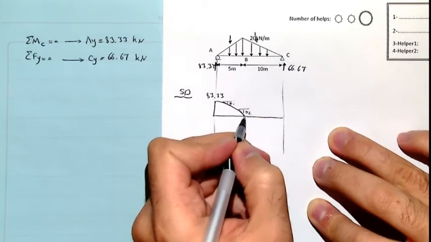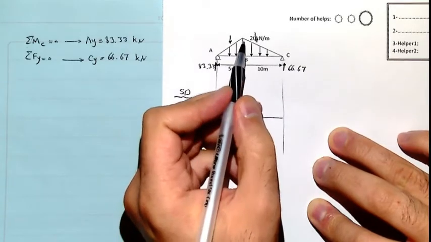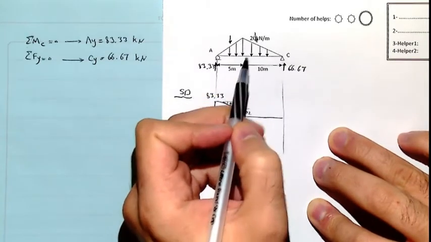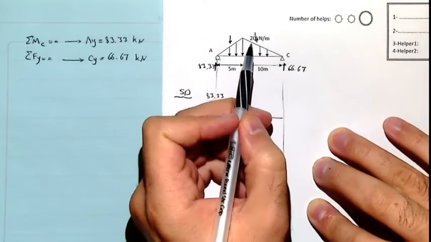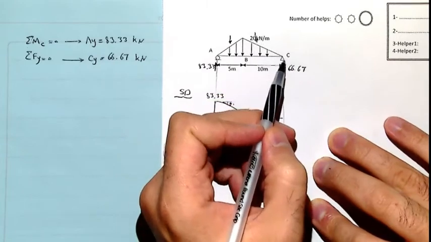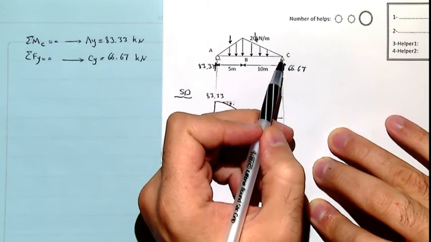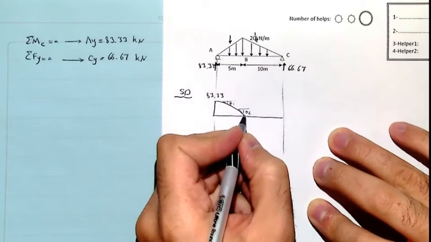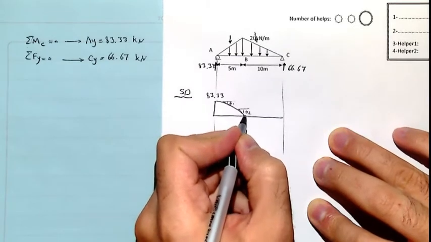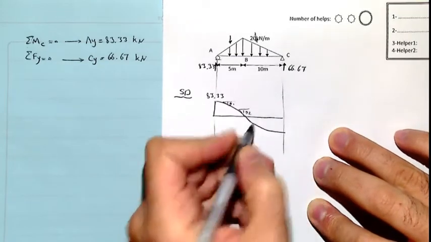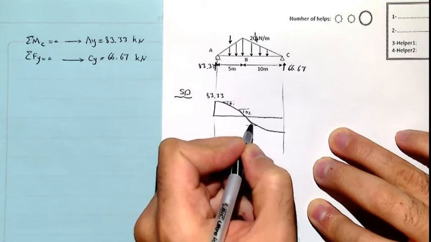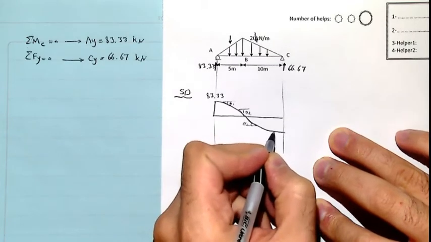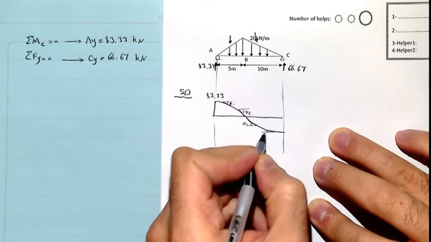Then we're going to see that it's decreasing from point B to point C. The intensity of the load would be 20 kilonewton per meter, and it's going to reach 0, so it's decreasing. For this case, the curvature would be something like this. If I draw a horizontal line and a tangent, it's theta 1, and it's going to reach theta 2.